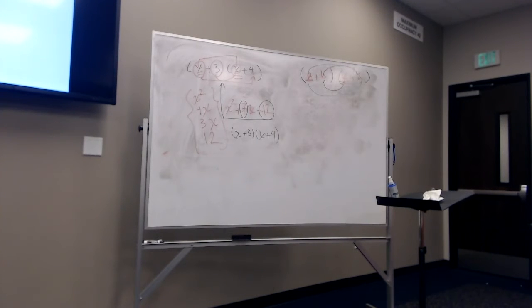Page example 2. Example 2 is the same thing. Basically, as you can see on your PowerPoint, the FOIL method: you have A multiplied first by C, then A by D, then B times C, then B times D. FOIL. First, outer, then inner, and last.